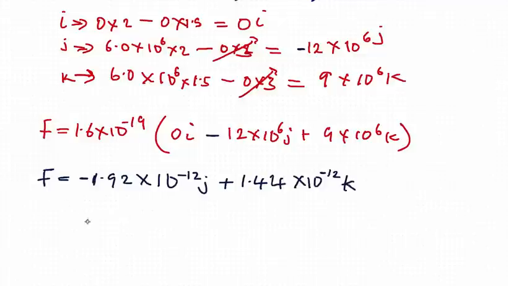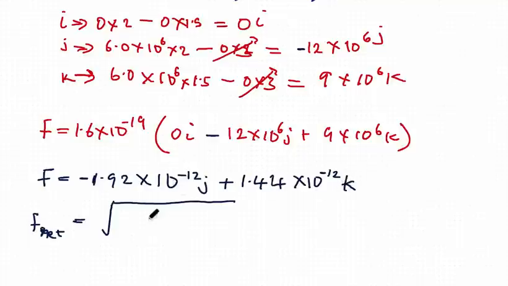So for us to find the net force now, F net will be equal to the square root of the components. So this is the force in both the j and the k component.